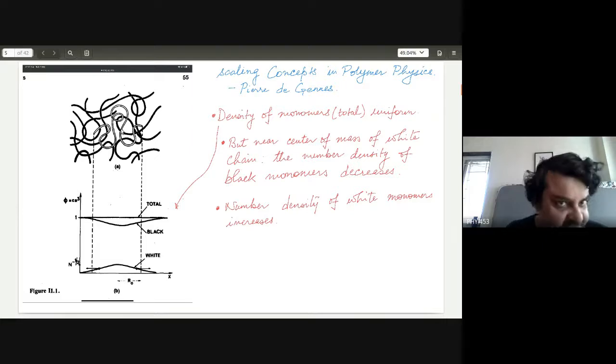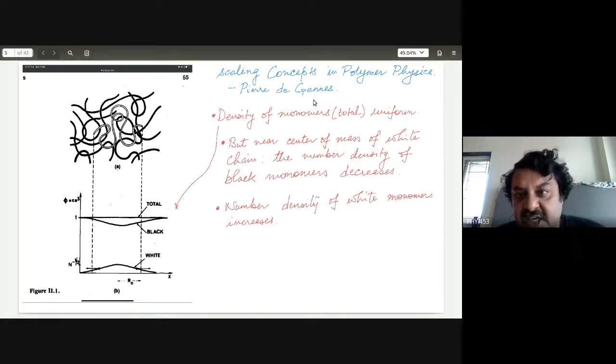Yes, in 3D they are overlapping, they are intersecting in space, but the density of black monomers is relatively less here, and there are relatively more black chains as you go away from the center of the polymer chain. Now, this figure is also taken from Scaling Concepts in Polymer Physics by Pierre-Gilles de Gennes, and this is what I have written down here essentially.